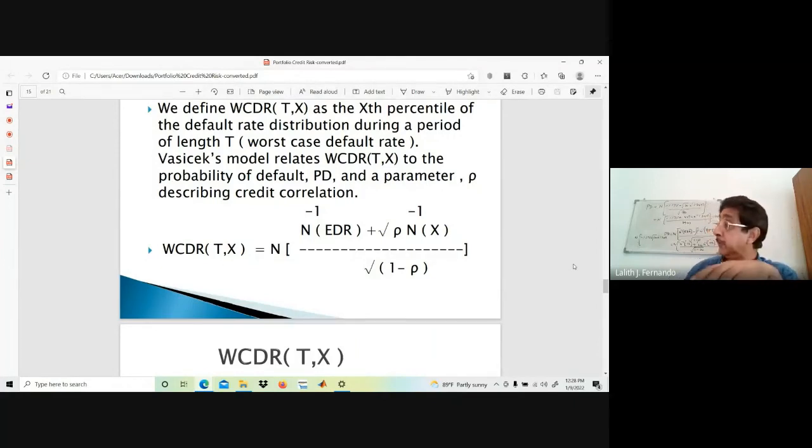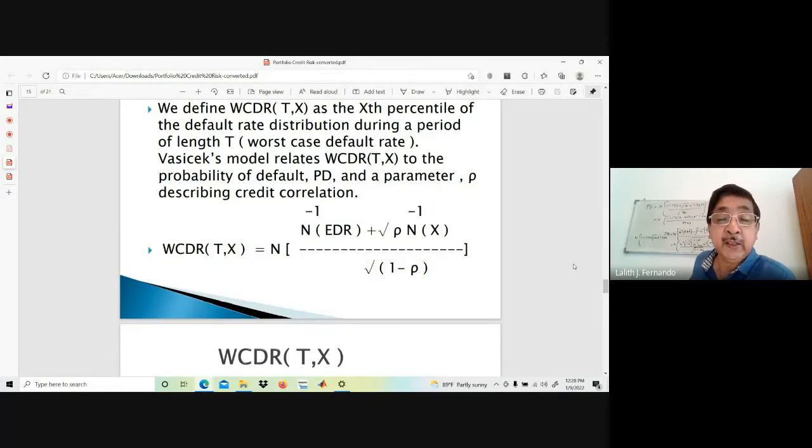Now, for example, if we do a worst case default rate for the portfolio we have now talked about, there you had an EDR of 12% and cumulative default of 9%.